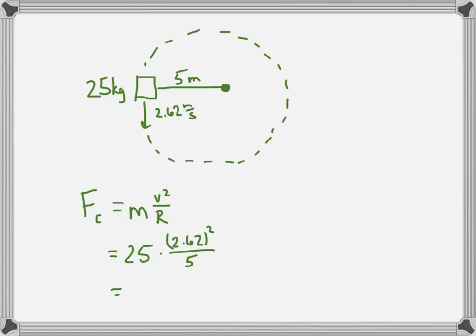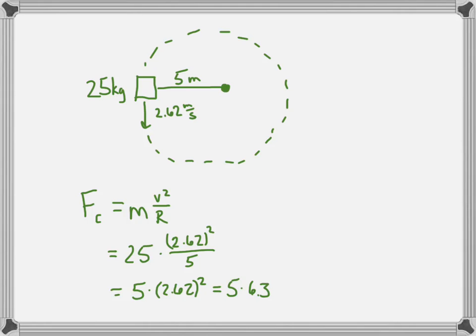I take 25 divided by 5, that's 5 times 2.62 squared. And 2.6 squared is about 6.3. I'm doing mental math here.